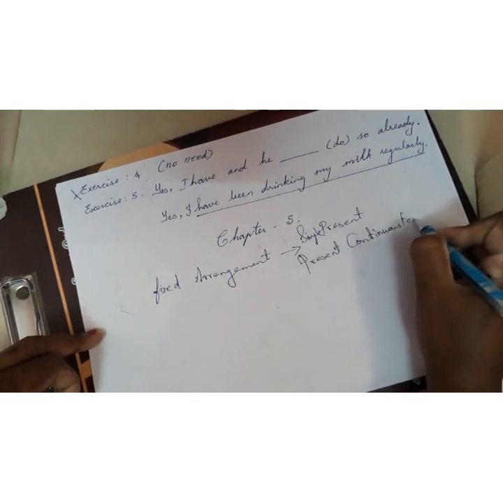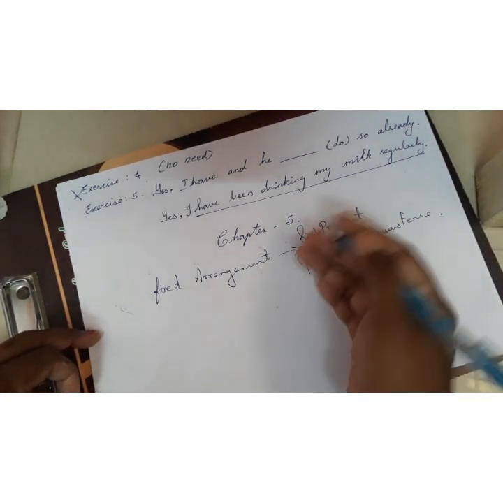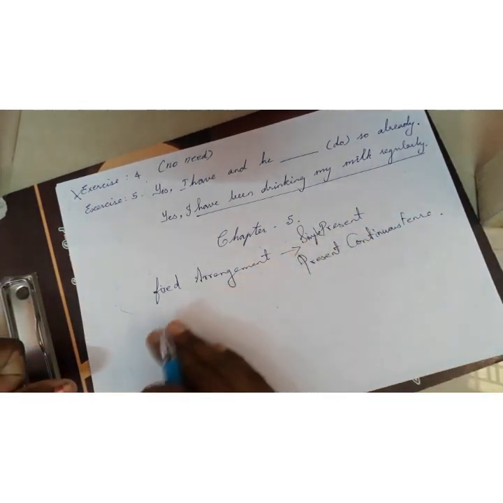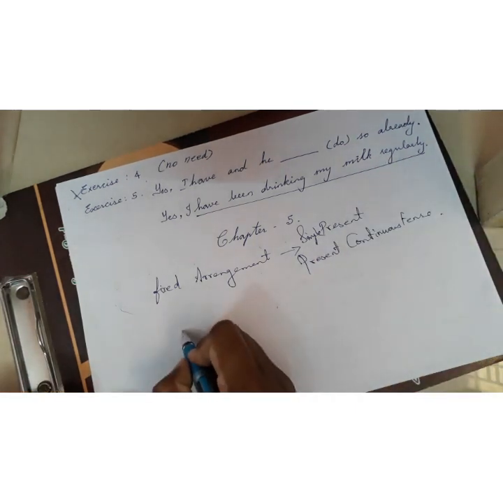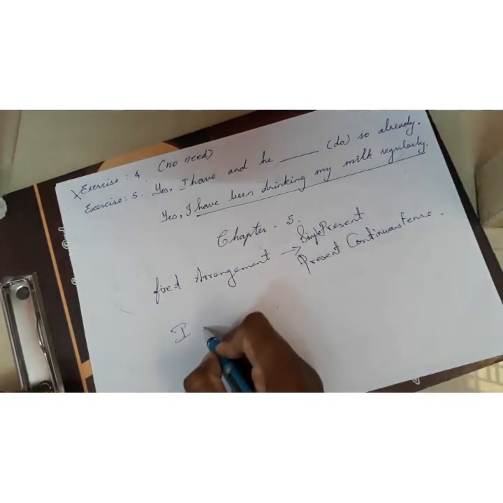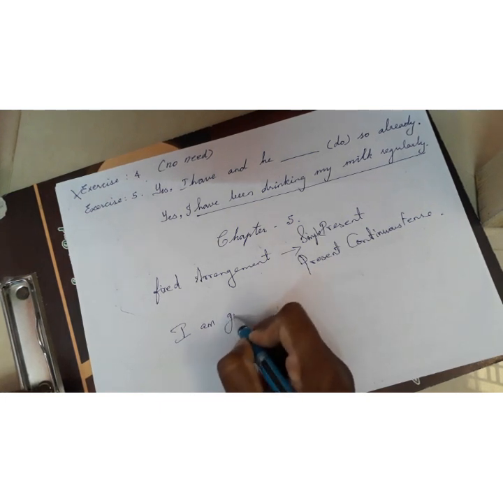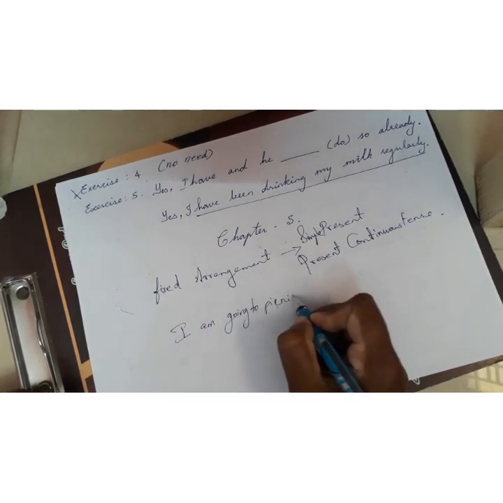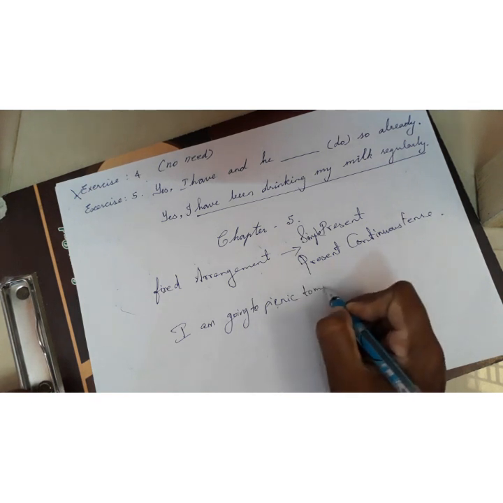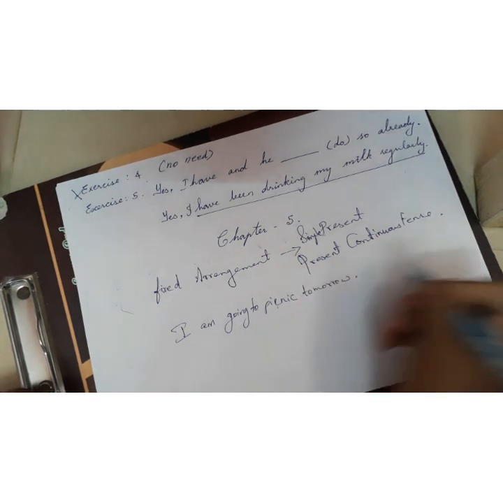So tomorrow, if you are going on a picnic, we planned to go for a picnic tomorrow, right? So how will you make a statement? "I am going to picnic tomorrow."